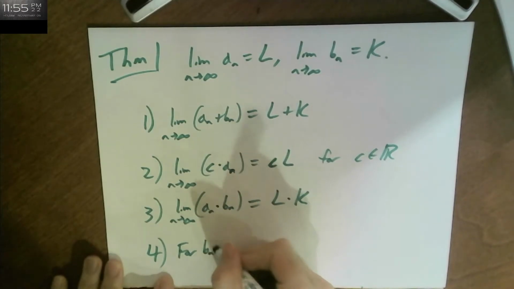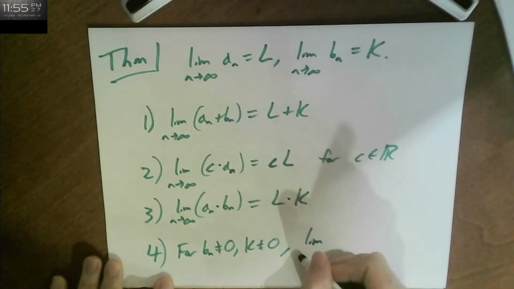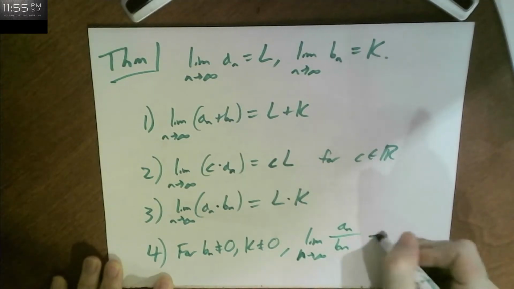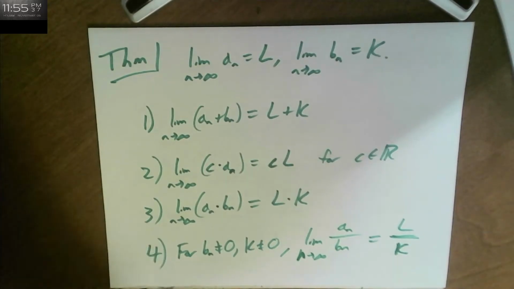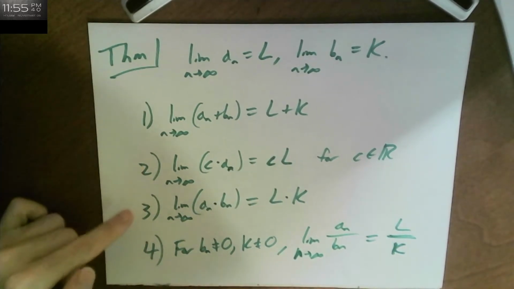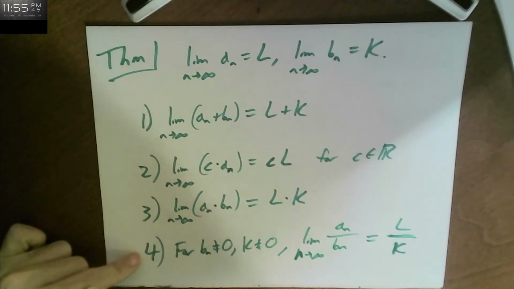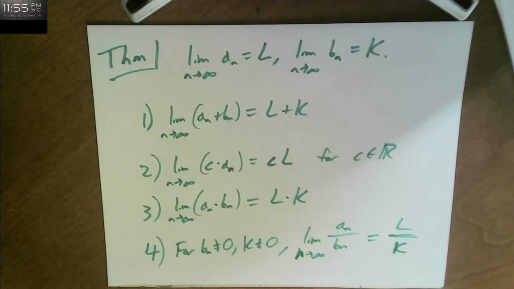That for bn not being 0 and K also not being 0, the limit as n goes to infinity of the an's divided by the bn's is equal to L over K. Sums, scalar multiples, which is to say multiplication, and products and quotients. All of these rules still hold. And why? Consider a function which agrees. All these rules work for functions.